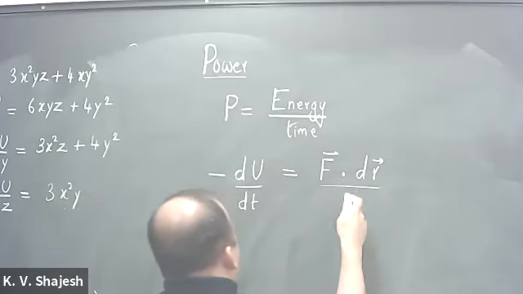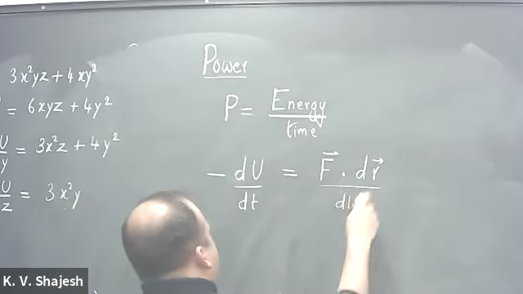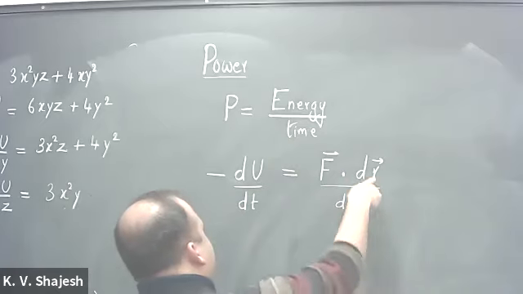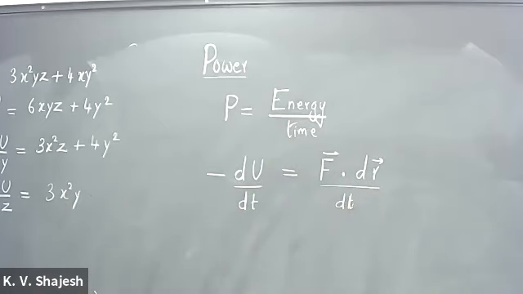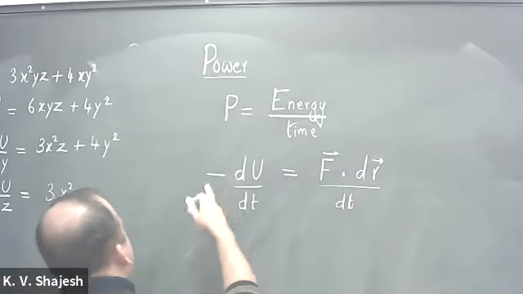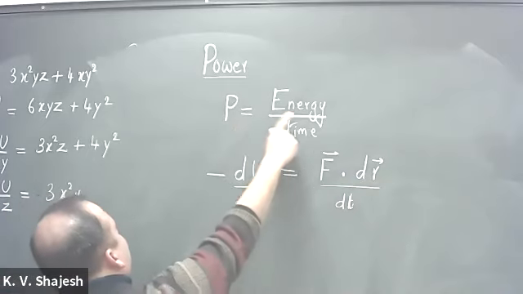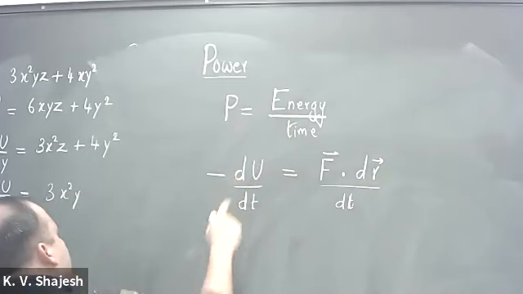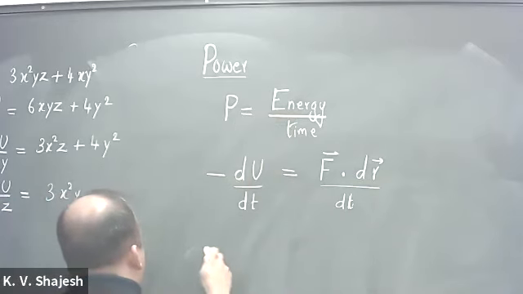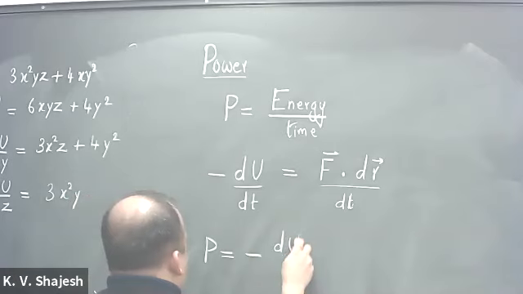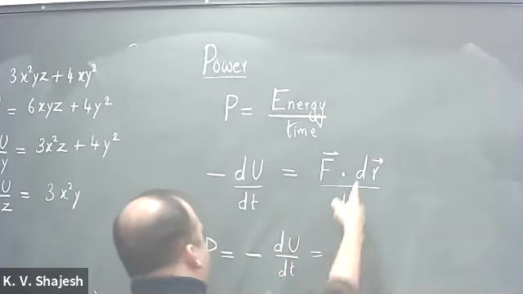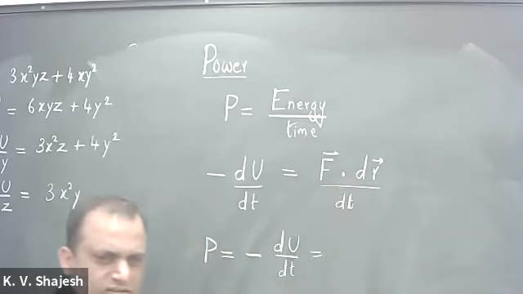I can divide by delta t and take the limit and associate this dt with that dr. In that case, if I define power, since power is energy, and include the negative sign, power for a conservative force will be minus du by dt, and dr by dt is just velocity, right?